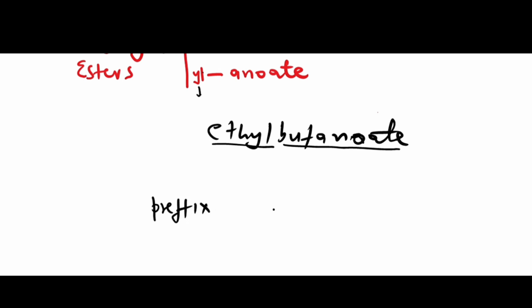The second part is the parent. Okay, that is the longest chain. Then the last part is the ending of the word, the suffix ending. That is ene, yne, anal, and so on and so on.